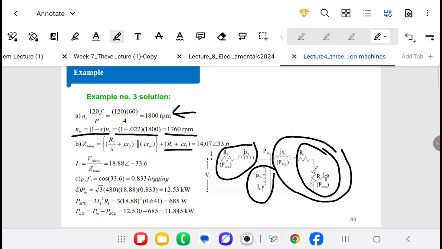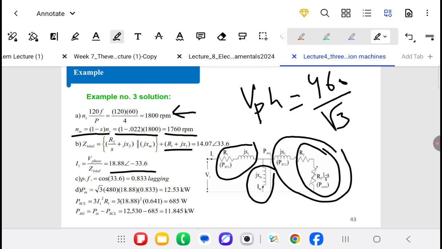For the current, we divide the phase voltage, which is the line voltage 460 divided by root 3, by Z total. We get I1 equals 18.88 angle negative 33.6.